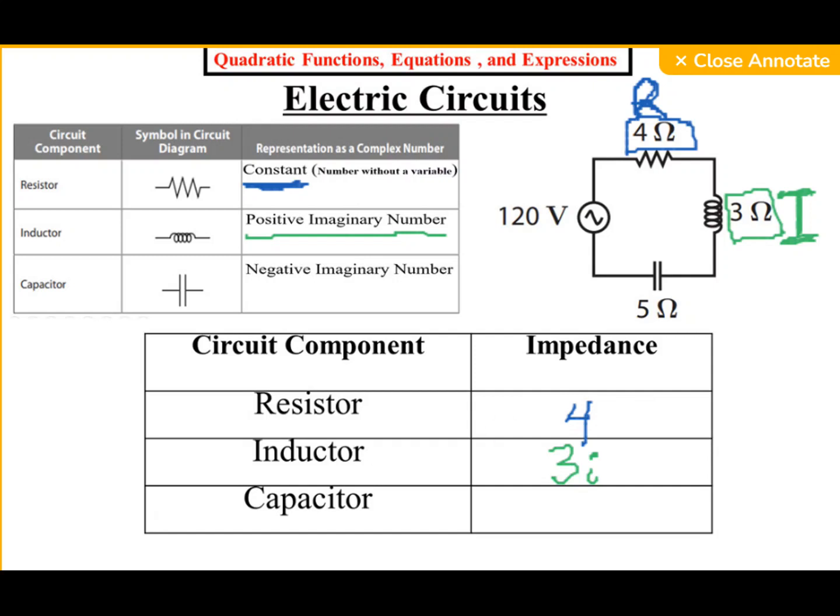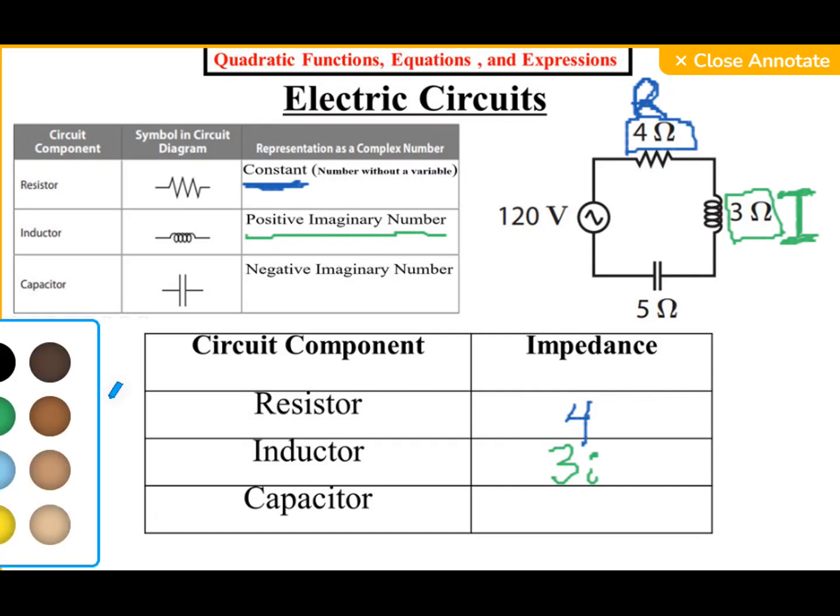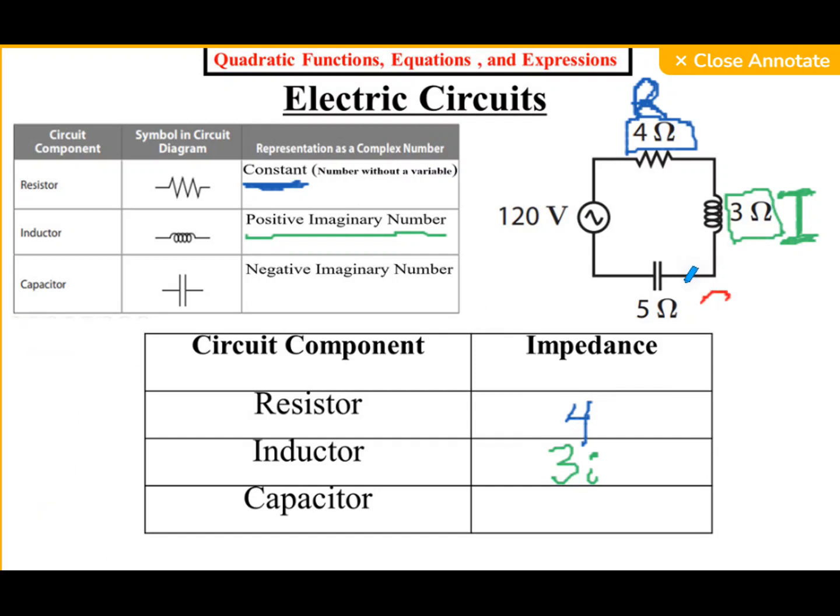All right. So last but not least, the last one over here should be our capacitor, and the impedance is 5 ohm. Tell your neighbor what you're going to write right there for the capacitor. All right, Juan, what are we going to write in there?